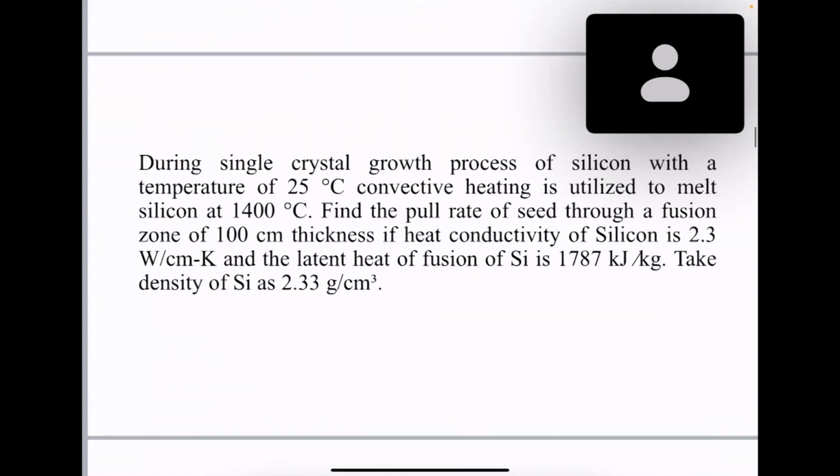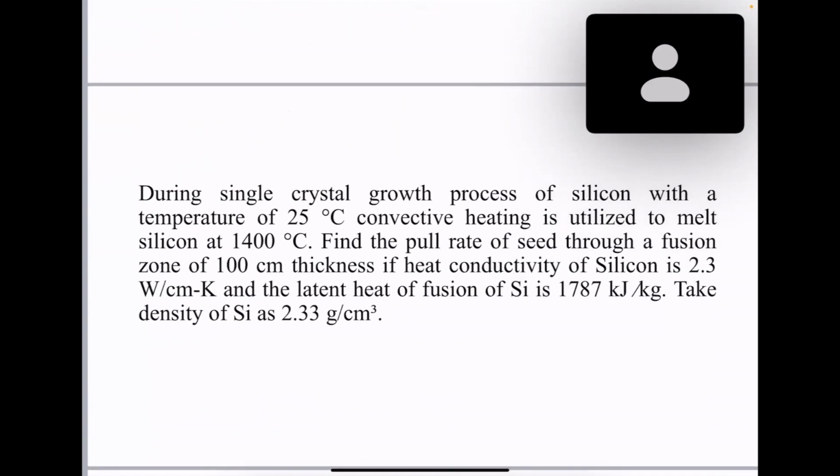You take a seed which you rotate, dip inside the melt, and then pull it up while rotating, so that the molten material gets cleaned to its surface when moving upwards and gets solidified gradually.